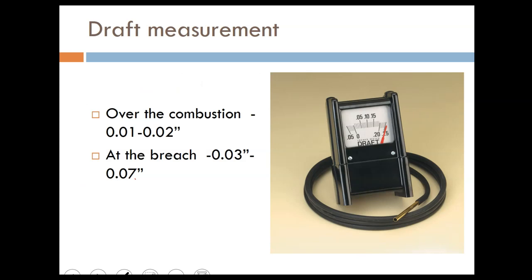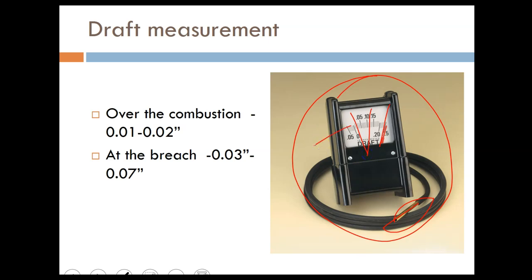This is how we measure the draft. This little machine here will measure the draft by pulling air from this tube. This tube is made out of metal because you're going to stick it into the combustion chamber. Over the combustion chamber, it should be between 0.1 and 0.2. So between here and here, that should be your draft, and from here to here, that's minus.